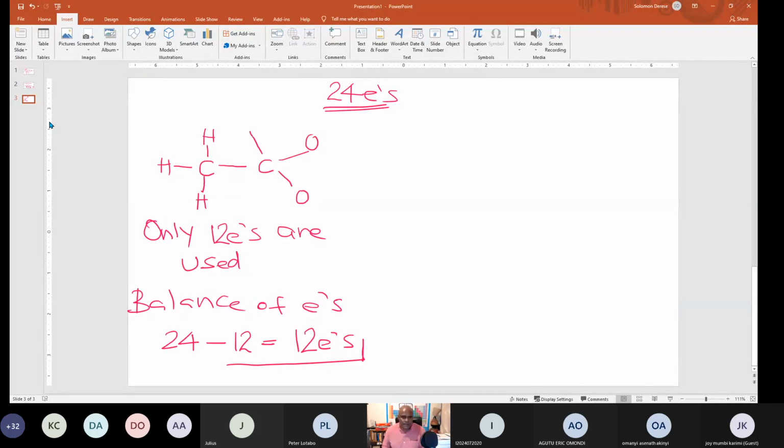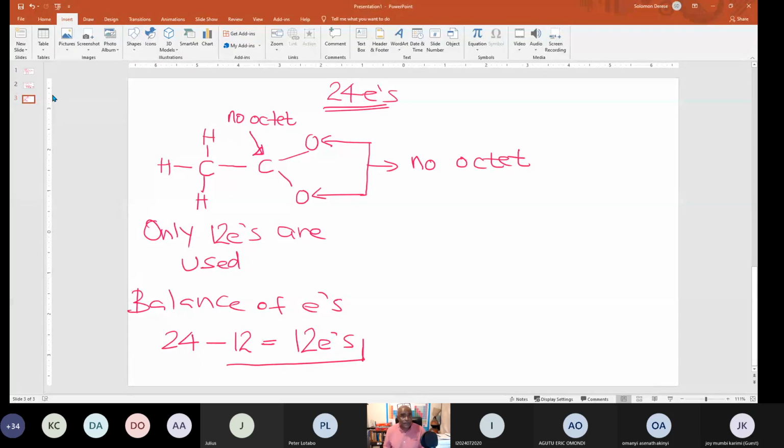If you look at the carbon, this carbon has got only 6 electrons around it as a result of the 3 sigma bonds. So this carbon does not have octet, no octet. Then if you look at both oxygens, this one as well as this one, they have only formed a single bond. As a result of that single bond, they only have 2 electrons. All the same, they do not have octet, no octet.